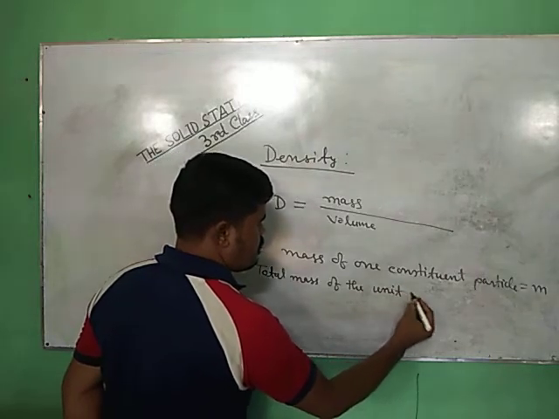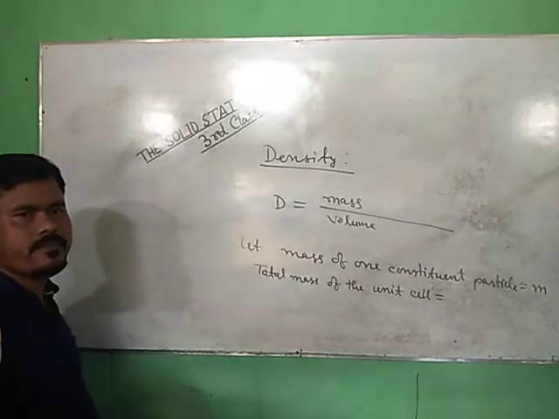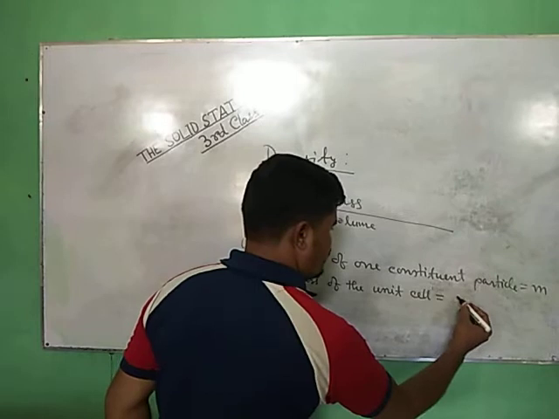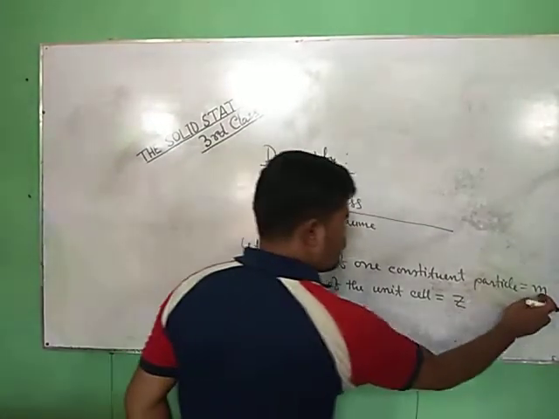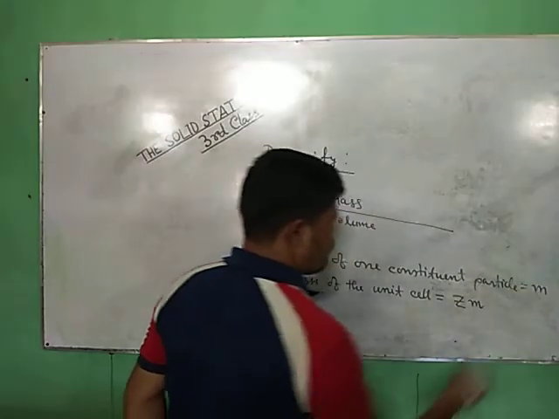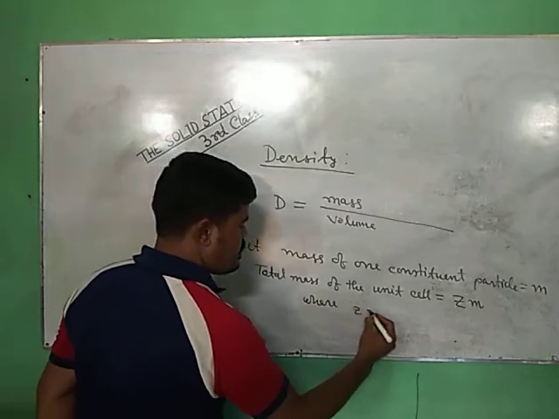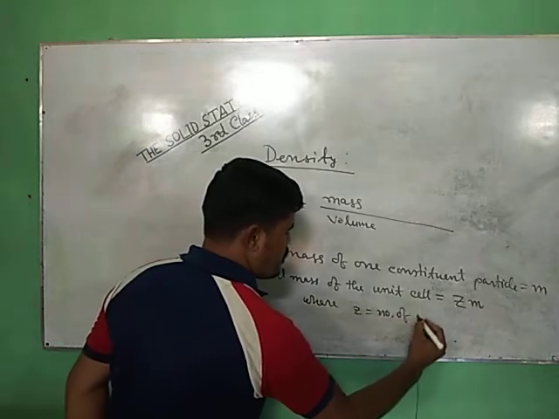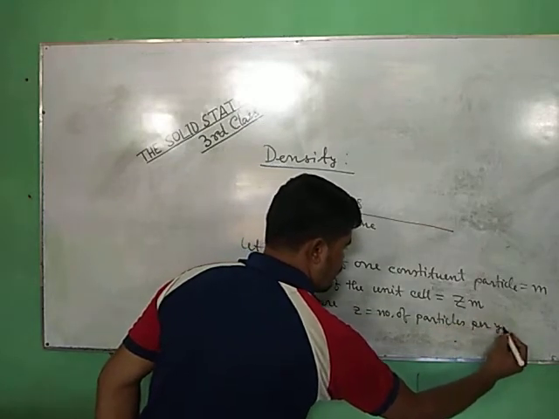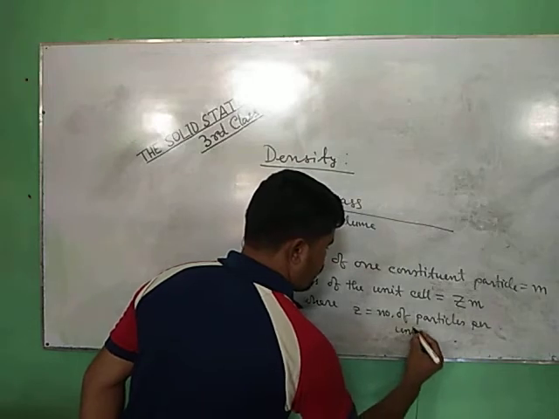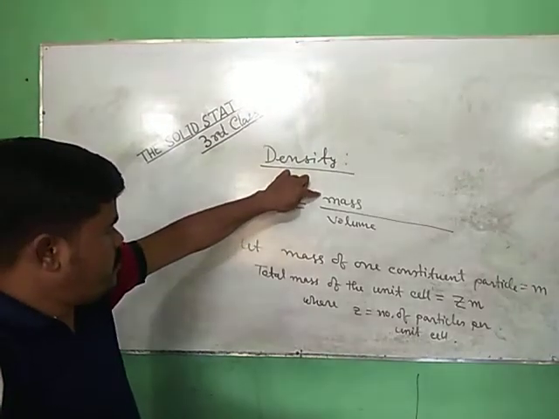Let the number of particles be z. The mass of one particle is m, so the total mass of the unit cell will be zm, where z is the number of particles per unit cell. I am getting the mass of the unit cell.